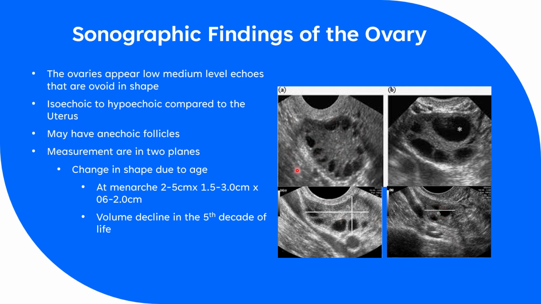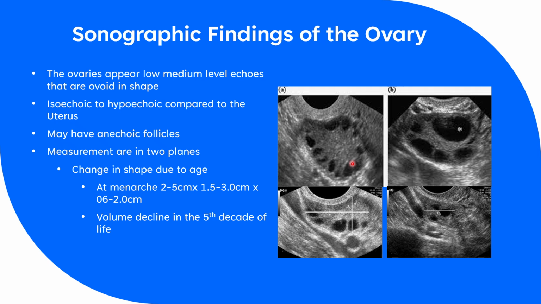We have our bowel gas, peritoneum here, and then it's going to be hypoechoic to anything around it with these chocolate chips inside of it. And then it is going to be either iso or hypoechoic compared to the uterus. So if you have a side-by-side with your uterus and your ovary, they're going to be very isoechoic. So make sure you're looking for those borders, especially if that ovary is trying to hide behind your uterus.